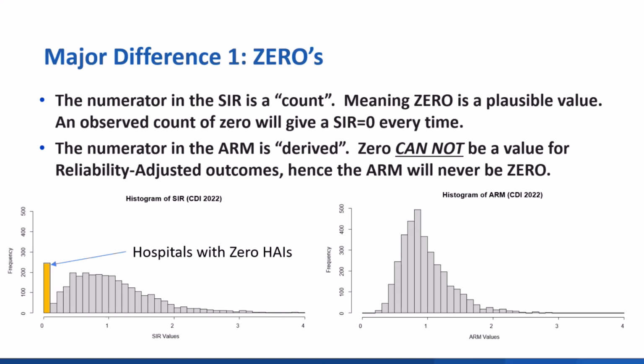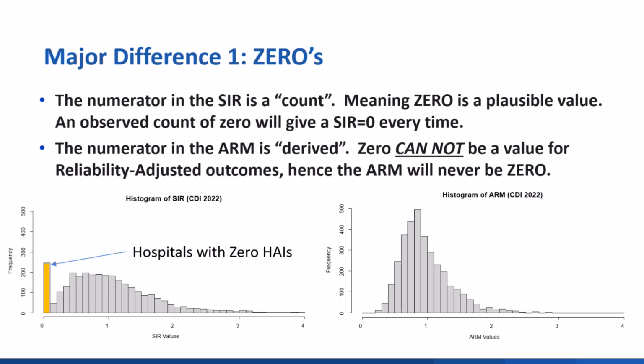So the distribution of the SIR on the left starts out with this really big bar on the left, and I have it colored in orange. So these are a collection of hospitals in this distribution that have a 0 for their SIR, meaning they had 0 outcomes reported.